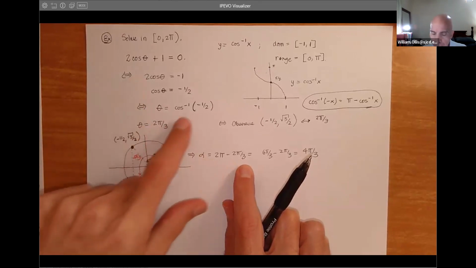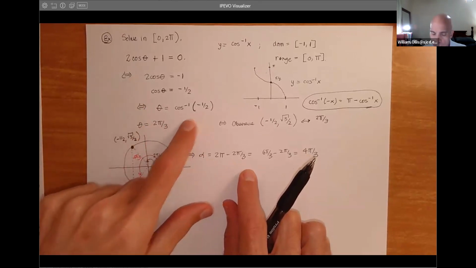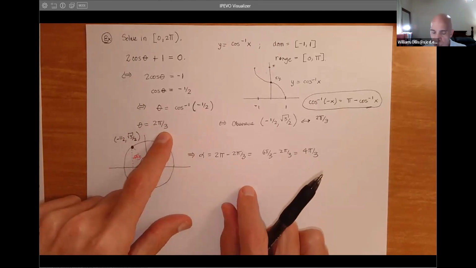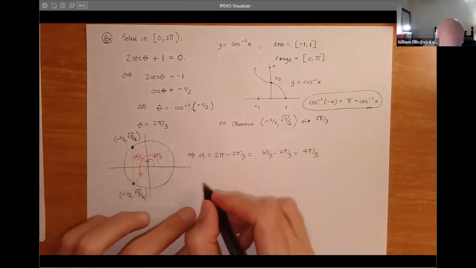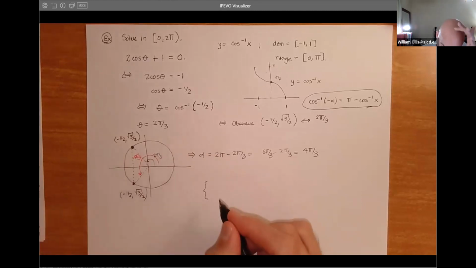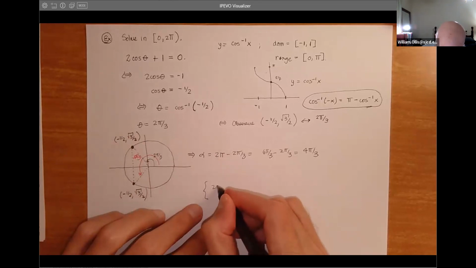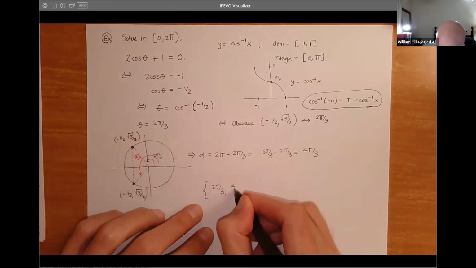Because if we have a value that's not on the unit circle, then we can only write it symbolically, and then we could use our calculator to approximate it. But symbolically is better, because it's like doing the triangle problems. We have all of the nice equations that are exact, and then we do one level of approximation. So now when you solve this equation in 0 to 2 pi, you have not only 2 pi over 3, but you have 4 pi over 3.